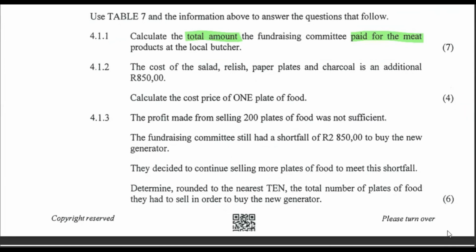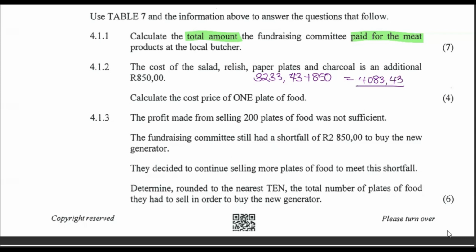So now we need to know, for the meat they have paid 3,233.43. Now add on this much. When we add on that, we get the answer 4,083 rands, 43 cents together.